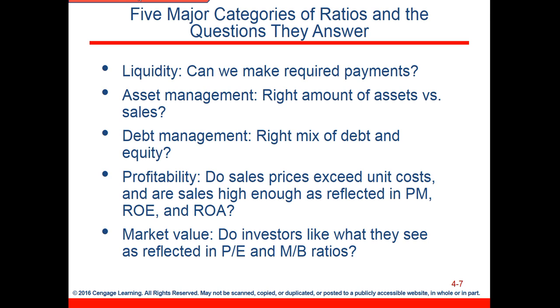One is the liquidity. The ratios in this bucket evaluate whether the company can make the required payments on time. Asset management specifically is whether the right amount of assets is applied, whether the sales asset turnover is the good example for that, whether they can generate the right amount of assets with given sales.